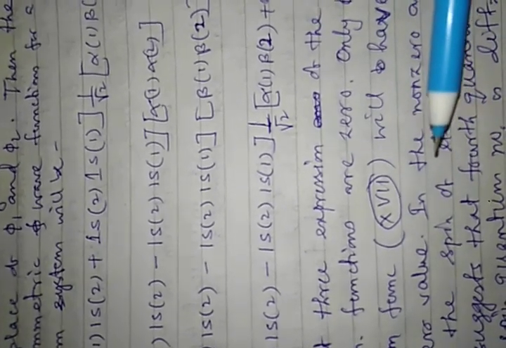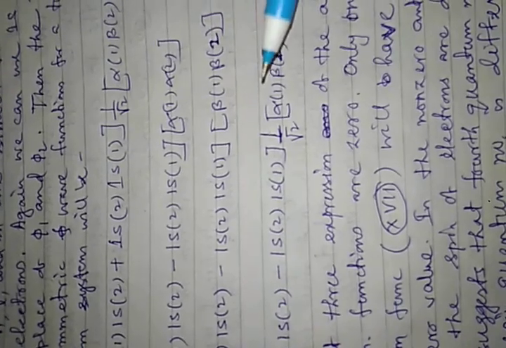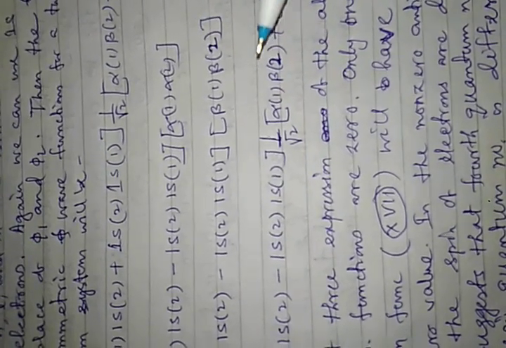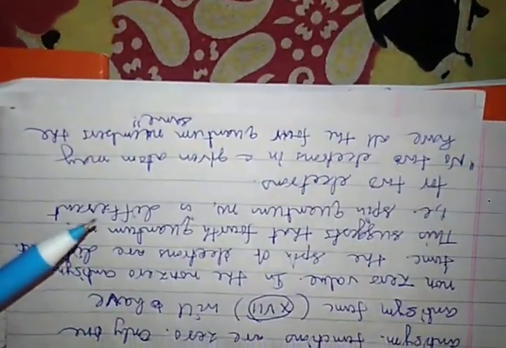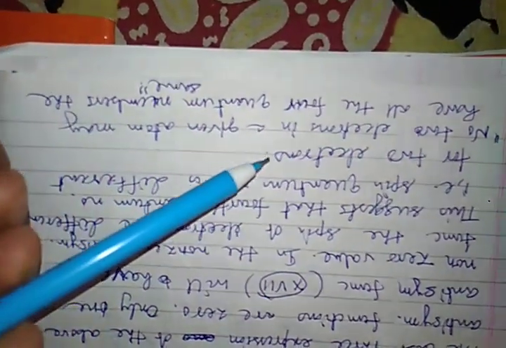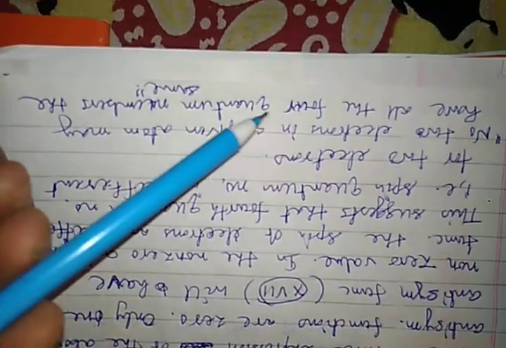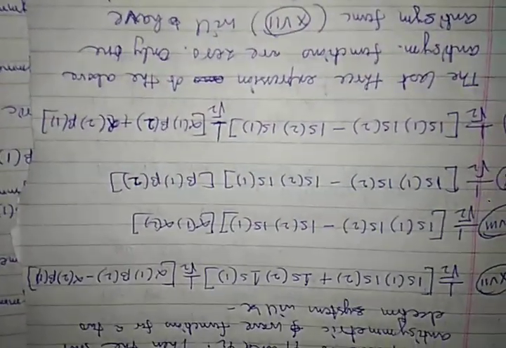That means two electrons in the 1s orbital have equal n, l, m values, but the spin function must be different: one will have alpha and another will have beta. That yields a more generalized expression of the Pauli exclusion principle, which tells us that no two electrons in a given atom may have all 4 quantum numbers the same. That is the more generalized form of the Pauli exclusion principle.